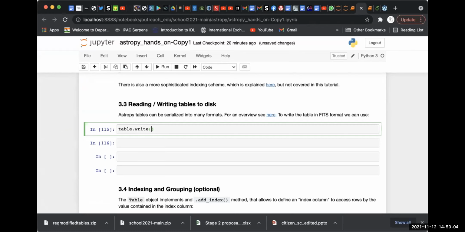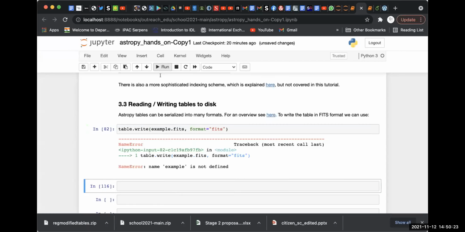So for example, I can say table write, example.fits, and say the format is equal to fits format. And you will see in your working directory example.fits, which has to be in inverted commas.